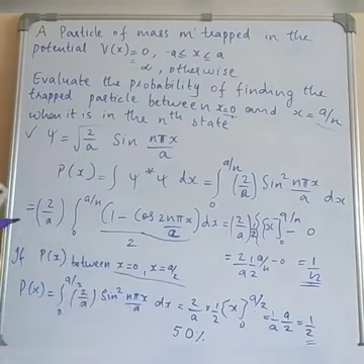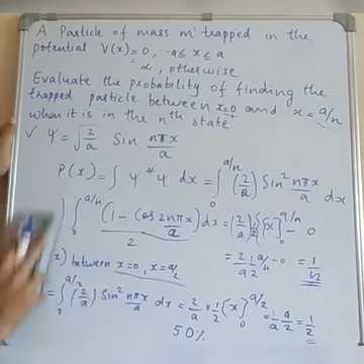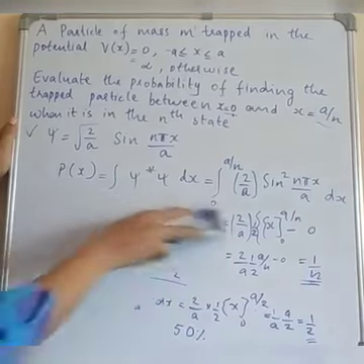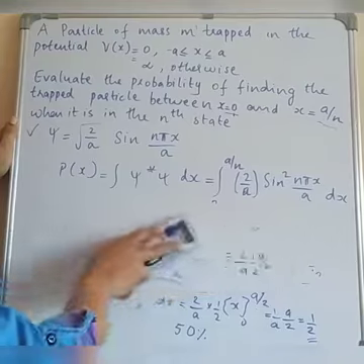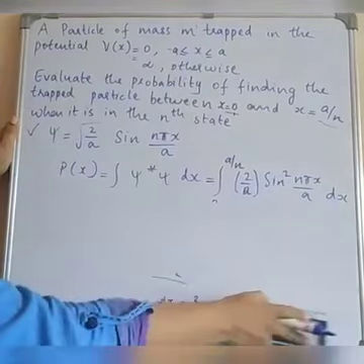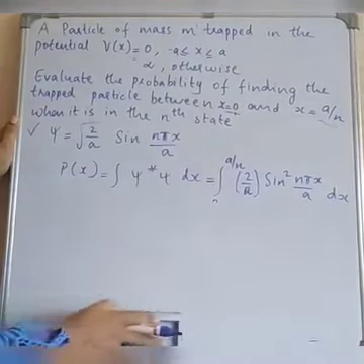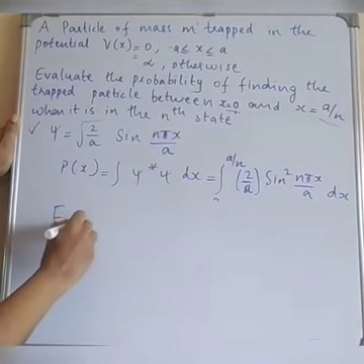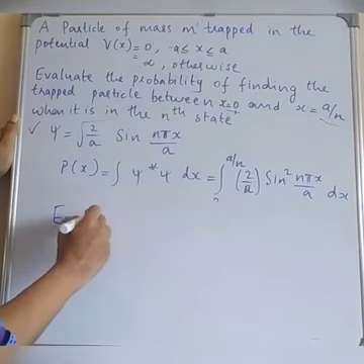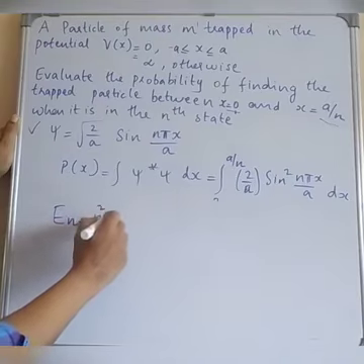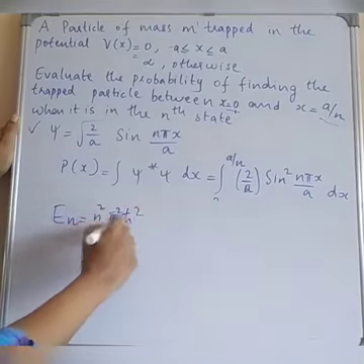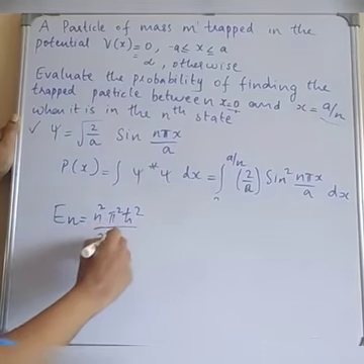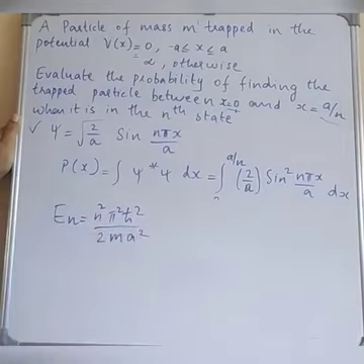Now you can also get a question to calculate the width of the well. So when you are asked to find the width of the well, you have to use the equation for energy, that is En is equal to n square pi square h cut square divided by 2ma square.